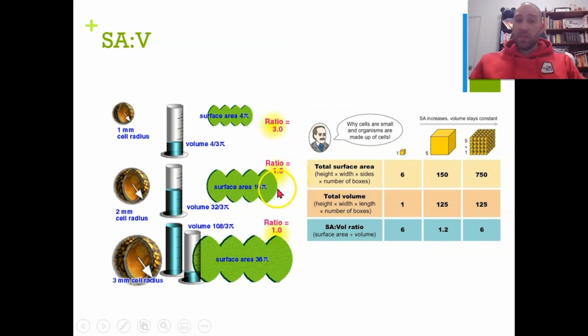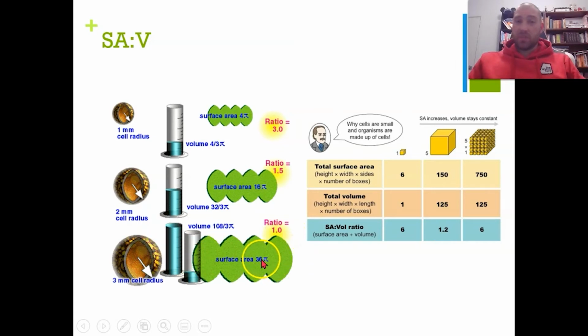What that means is the surface area has increased by a factor of 4, but the volume has also increased at a much larger ratio, so that means we have less surface area compared to the volume that the cell is now containing. And to finish off this idea, if we triple the radius of the cell, our volume is 108/3 pi, our surface area is 36 pi. We can see again the surface area has increased, but the volume has increased by a much larger proportion.